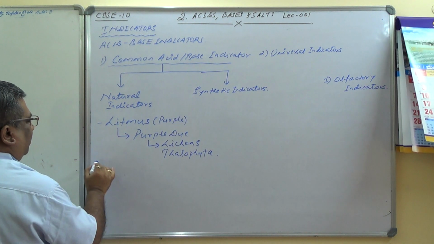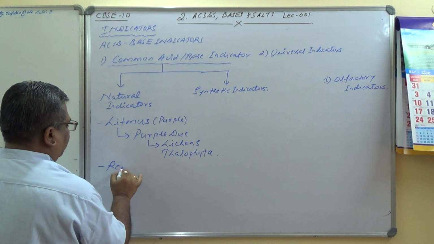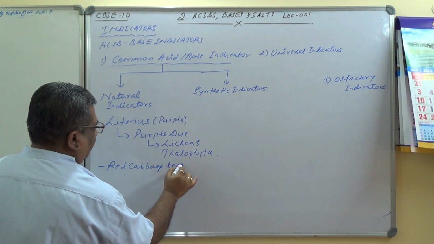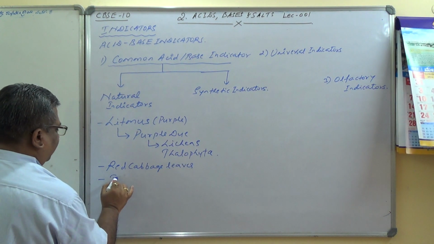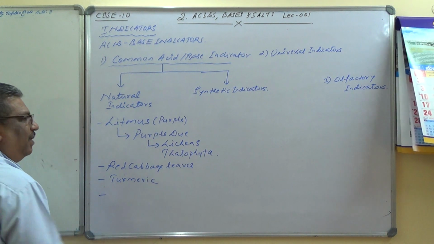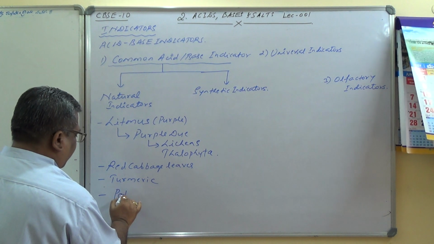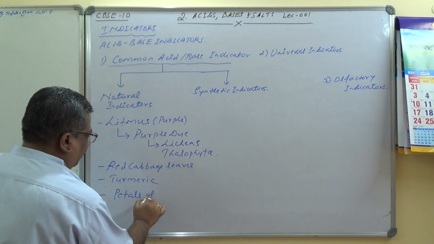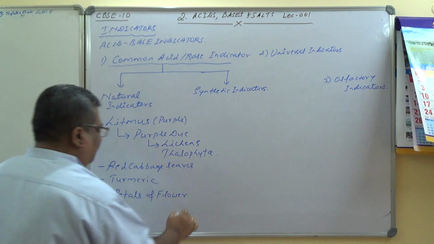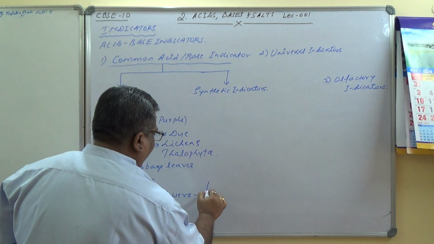Okay, so next indicator, red cabbage leaves, turmeric, or even some petals of colored flowers of plants. Which type of plants?